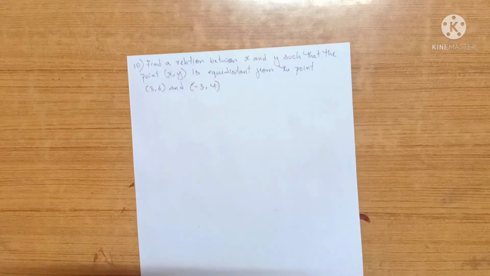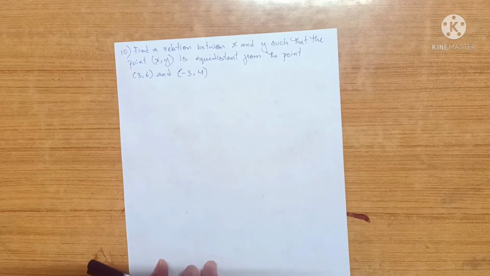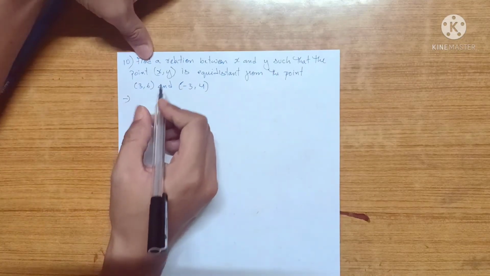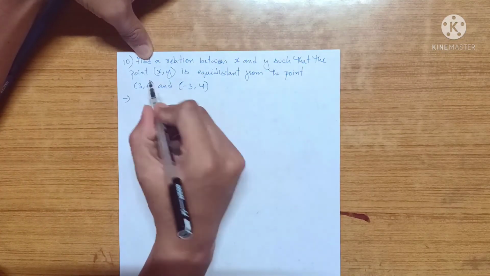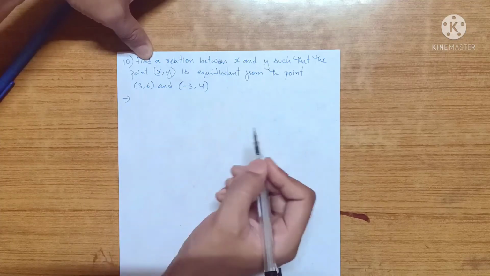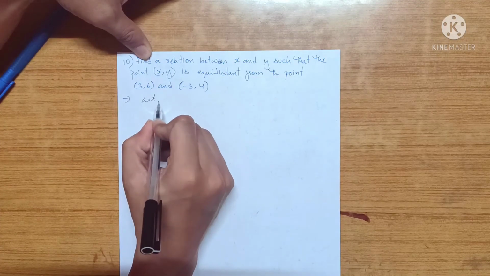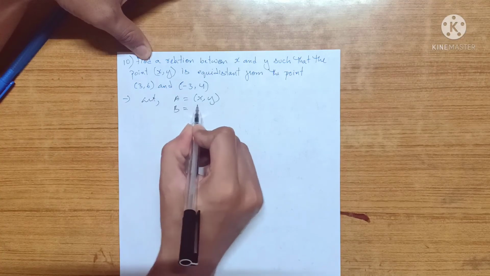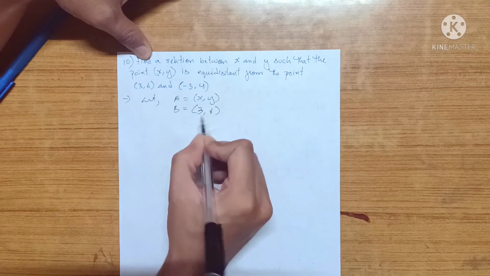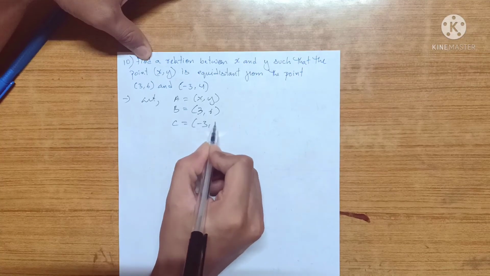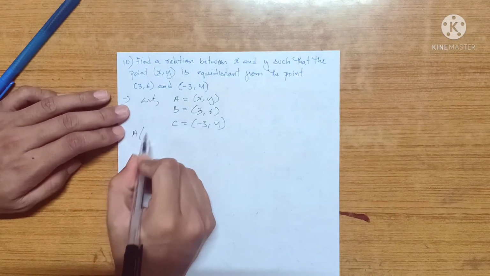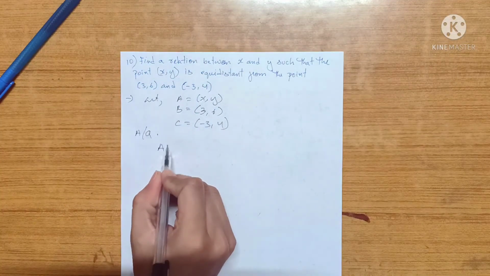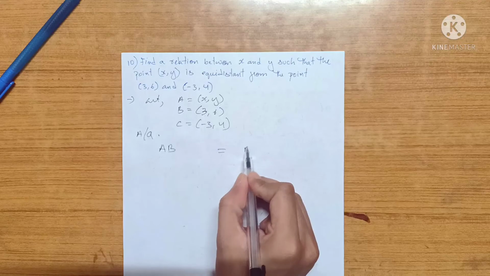Now number 10. Find a relation between x and y such that the point this is equidistant from the point this and this. So I'll just take this as A, B, and then C. And according to the question, they're saying A is equidistant from B and C. So AB should be equal to what?